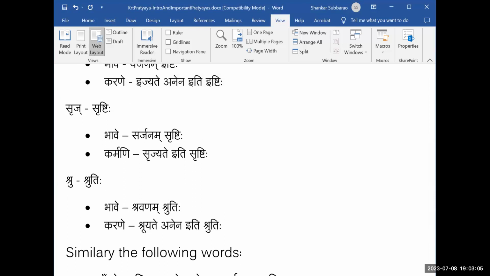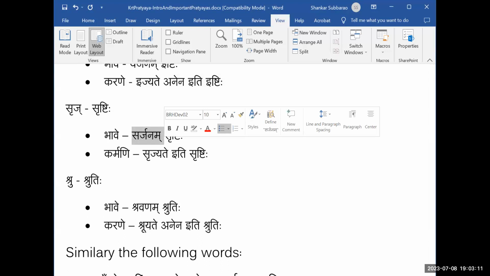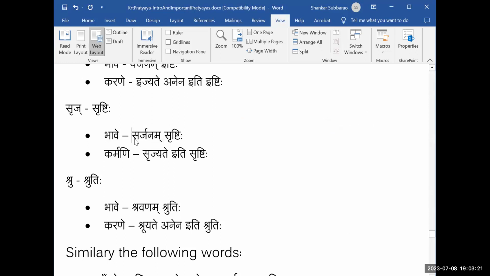Sarjanam or Srishtihi. Now you go and look for Sarjanam. You may not even find the word sometimes. Srishti is much more common. You will not hear the word Sarjanam. Whereas Darshanam and Drishti, both you'll hear. So you should keep in mind that sometimes one form is not popular. Srishti is more popular.